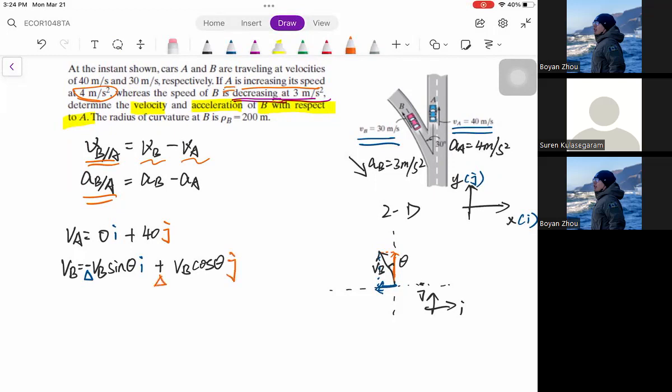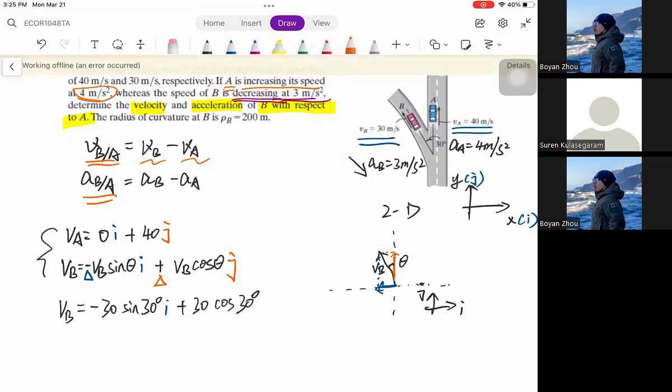So J direction is pointing up, so you have a positive sign here. So that is for VA and VB. You just need to plug in a number to find out what's going to be the actual value for VB, and that is going to be negative 30 sine 30 degree in I direction plus 30 cosine 30 degree in J direction.